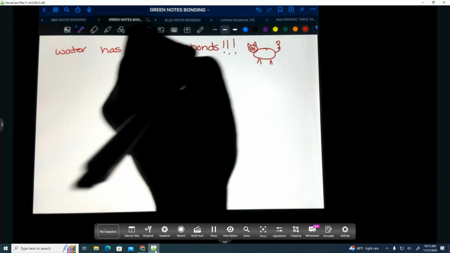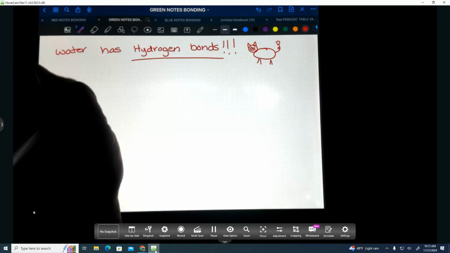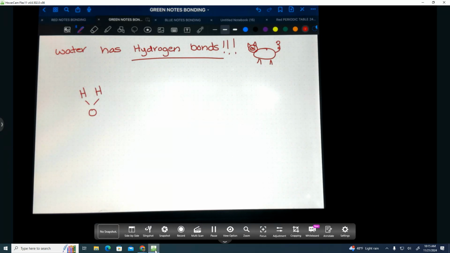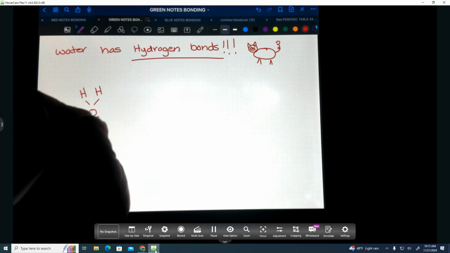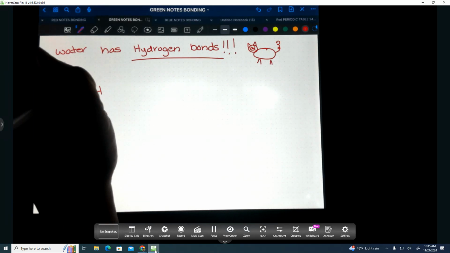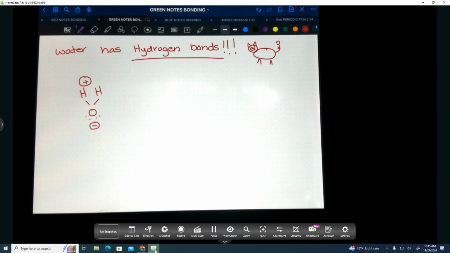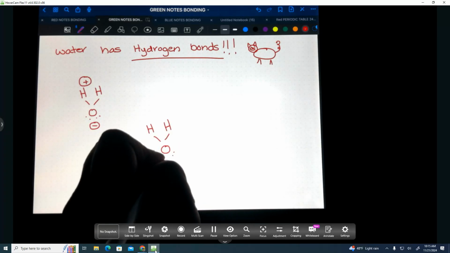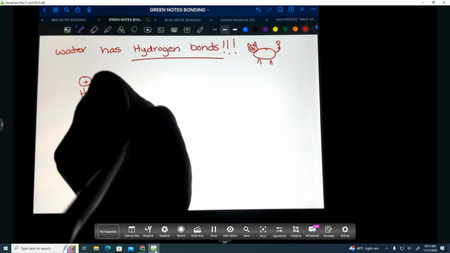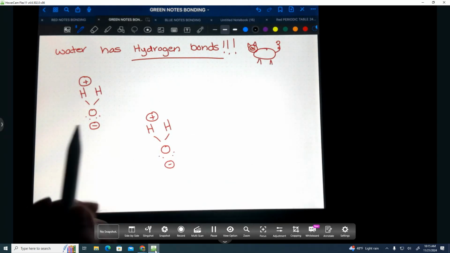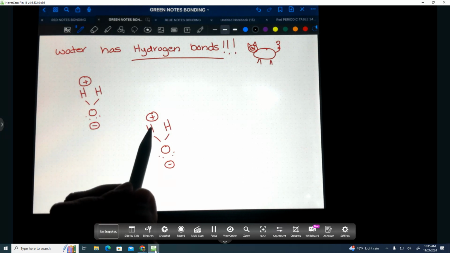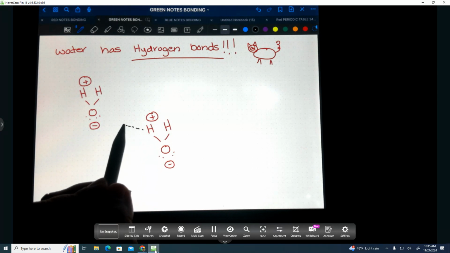Okay? Water has hydrogen bonds. So here's a water molecule. It is a dipole. Does everybody agree that it is a polar molecule? Water is polar. And the oxygen side is negative and the hydrogen side is positive. This is a dipole. Another water molecule comes along. There is an attractive force, an intermolecular force between the hydrogen of one to the oxygen of the other.